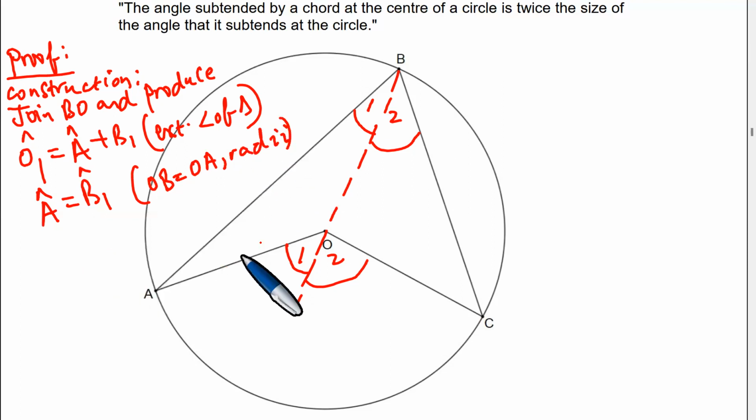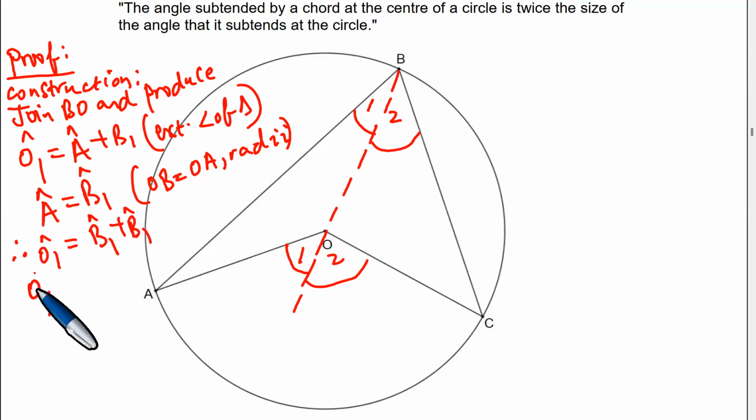With that said, wherever there is A, we can put B1. Which means we have B1 plus B1, because wherever there's A, we put B1. And therefore, this means that angle O1 is twice angle B1. Right, so we're going to move to the other side of the screen.